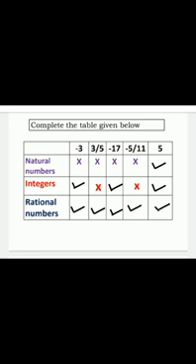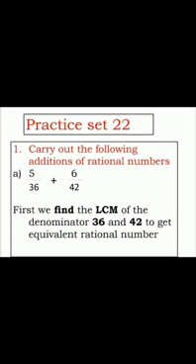So you're going to put a right tick on 5 and all other numbers you're going to put a cross sign there. Now in the integer column, which are your integers from those numbers? Yes, minus 3, minus 17 and 5. So you're going to put a right tick on those numbers and the rest you're going to put a wrong sign. And rational numbers, all are your rational numbers. That is your negative numbers, your positive numbers as well as your fractions.